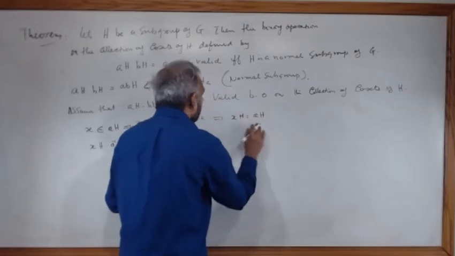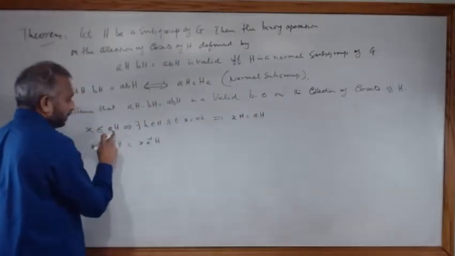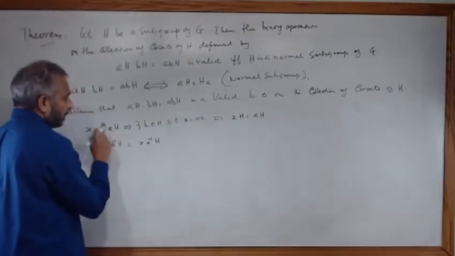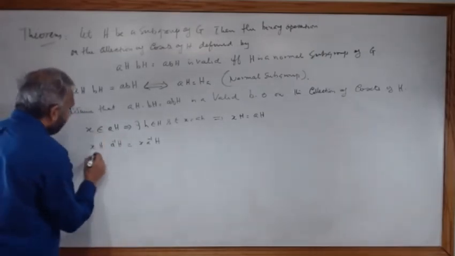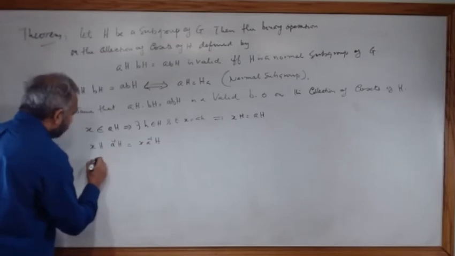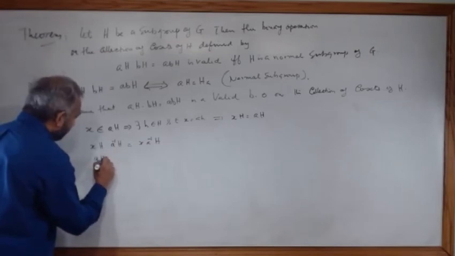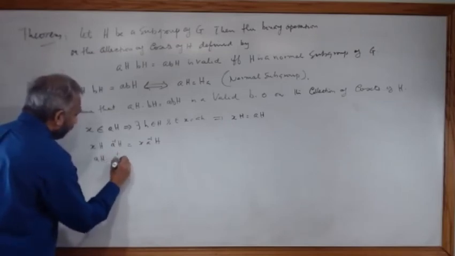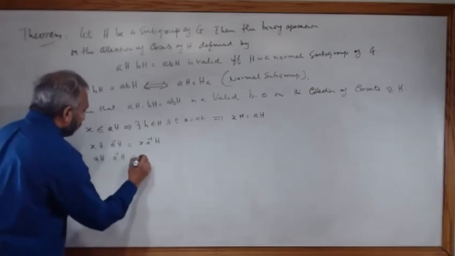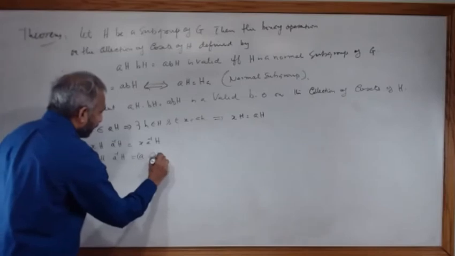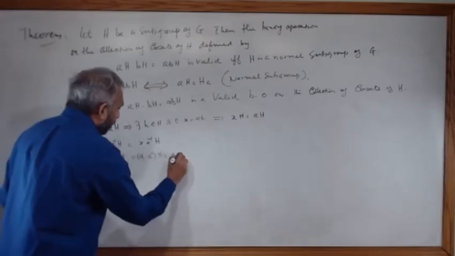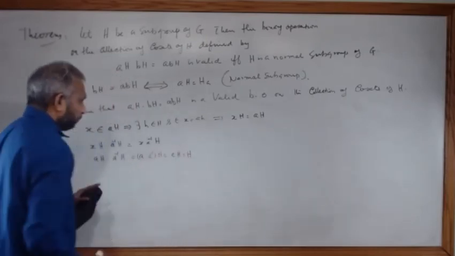These are the same because X is an element of this. So we have this one, and we will also have AH times A inverse H is equal to A times A inverse H, and that is E times H, and that is equal to H.